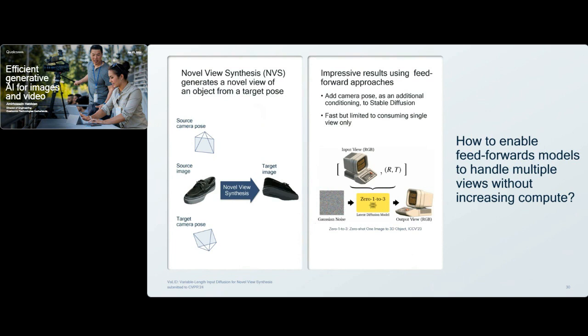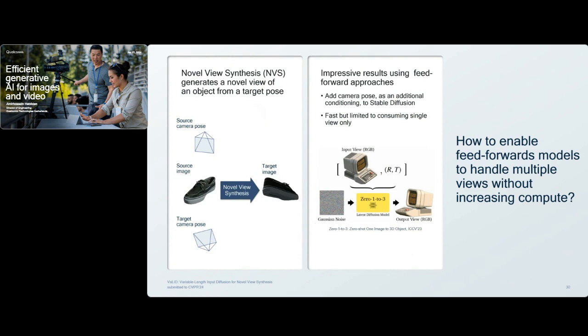Basically, what they do is start from a pre-trained stable diffusion model and fine-tune it on a synthetic dataset that is not a huge amount, not comparable to LAION data. It contains multiple views of objects, with the camera pose represented as rotation and translation parameters.